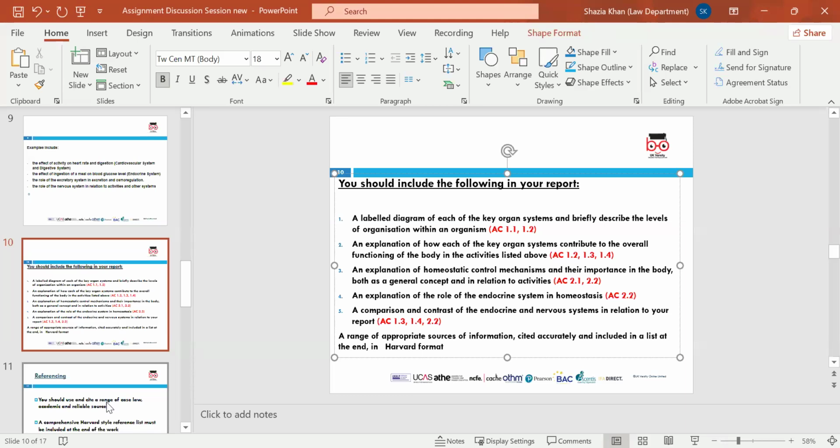How much would you do on each one then? Is the 3,500 for the extension or just the pass? No, there's no extension activity, it's all for this. So how many words would you do on each part of that report?